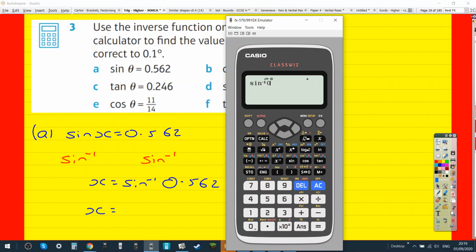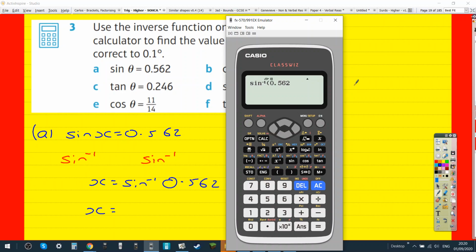How do you do it again? So you press shift first, then sine. Do you have to round it?